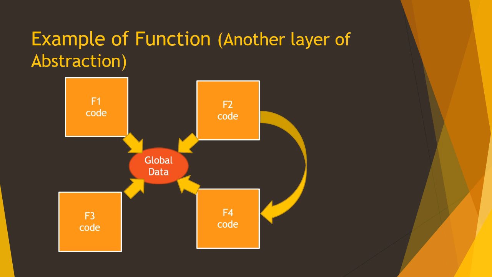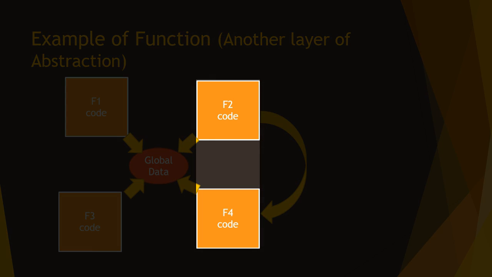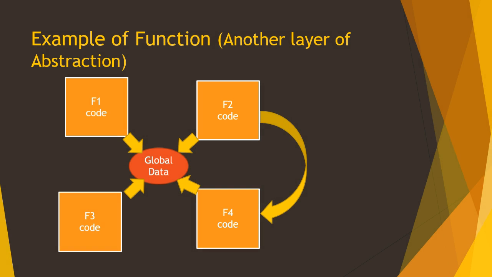Moreover, a function can call another function in the same program. In this case, it becomes difficult to reuse that function. Instead, we need to reuse function f2 with f4 together. So, we need a kind of collection where we can migrate both data and functions together.